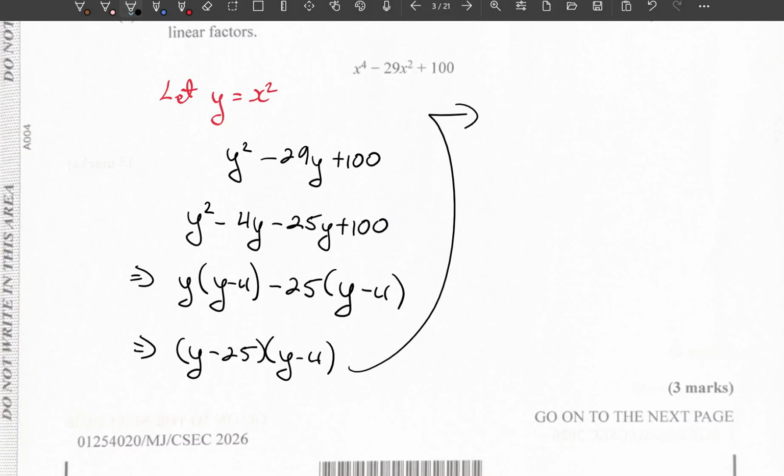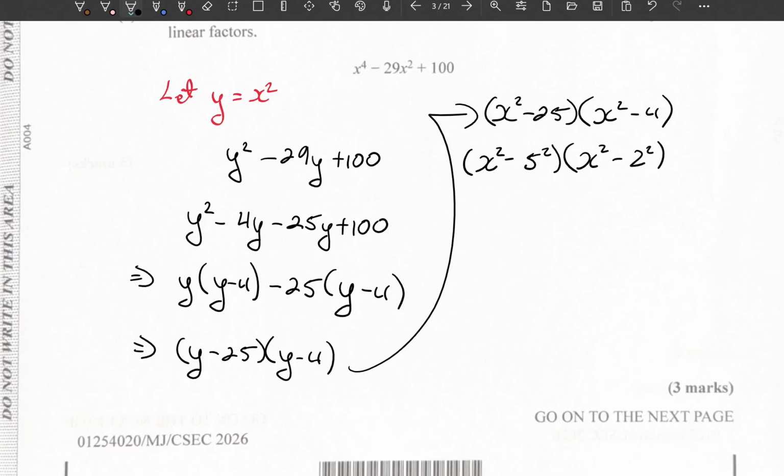So we let y equal to x squared, therefore we're going to have x squared minus 25 into x squared minus 4. And what we have here is two differences of two squares. The first we could rewrite as x squared minus 5 squared. Then we have x squared minus 2 squared.